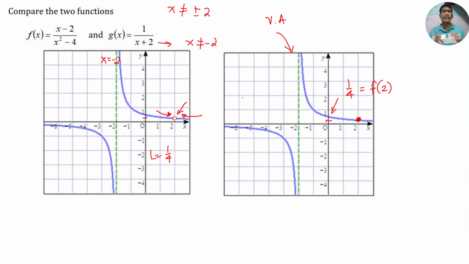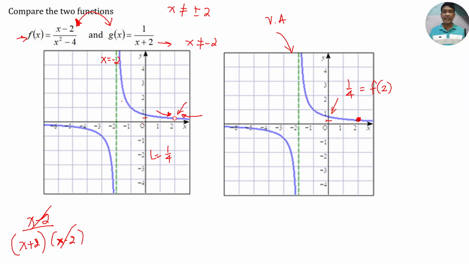So kung isi-simplify natin itong f of x, I have your x minus 2 over x plus 2 times x minus 2, and that x minus 2 cancels out, which gives us 1 all over x plus 2. So same lang yung dalawang functions as you can see. The only difference is that dito sa f of x, may additional restriction tayo that x must not be equal to 2, as clearly seen on this graph.